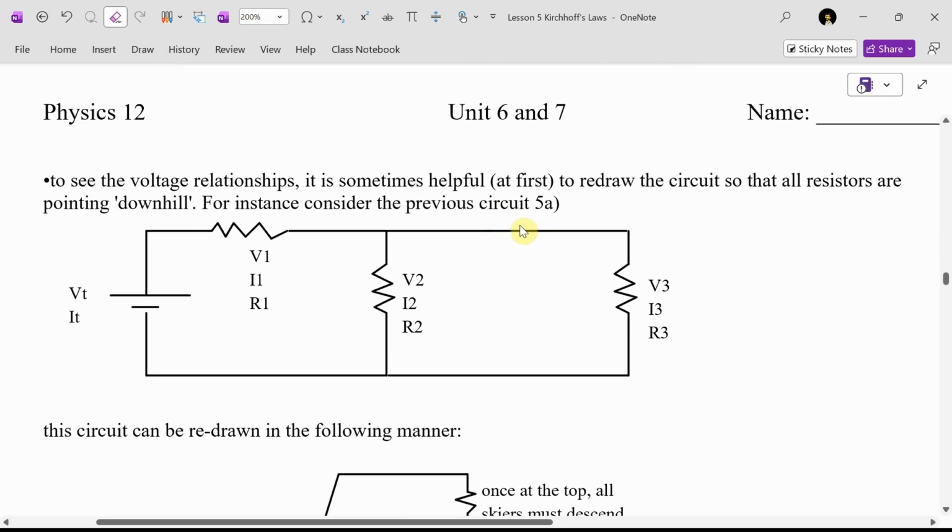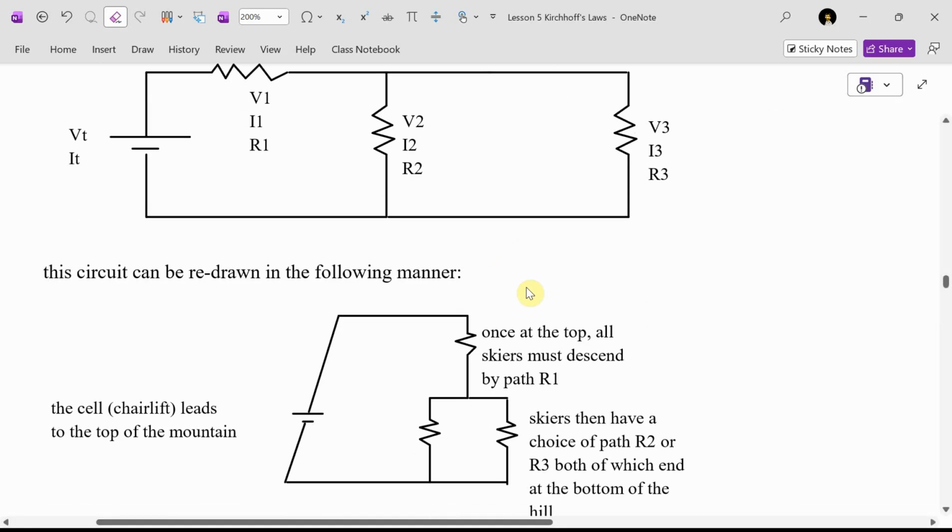It says, to see this relationship, it's sometimes helpful at first to redraw the circuit so that all the resistors are pointing downhill. I disagree with this. I've left this in out of respect to my friend who typed up these notes. He teaches at Kwantlen, and I really do respect his teaching, and I've heard good stuff about him. So he teaches his students to redraw this circuit like this.